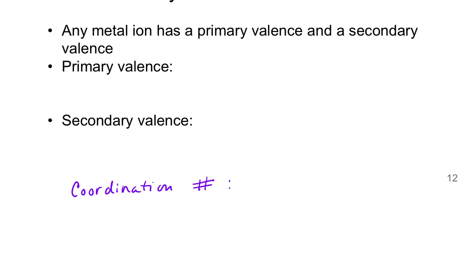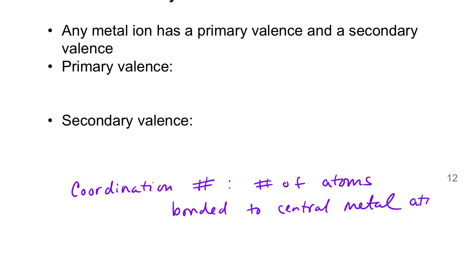So again, the coordination sphere is what is bonded to the central metal atom, the things that show up inside the brackets. So then the coordination number is the number of atoms that are bonded to the central metal atom. Really the number of bonds to the central metal atom.